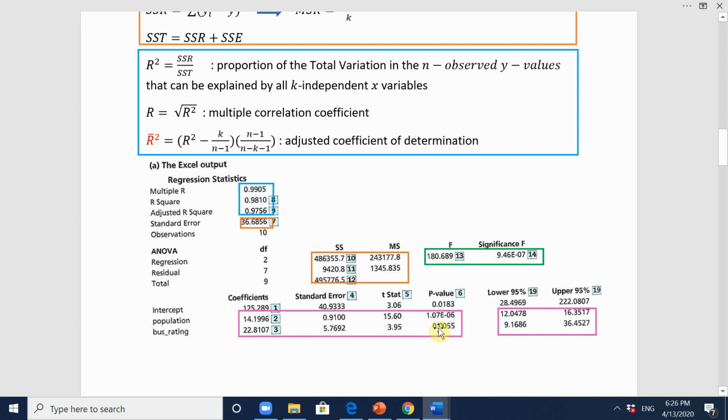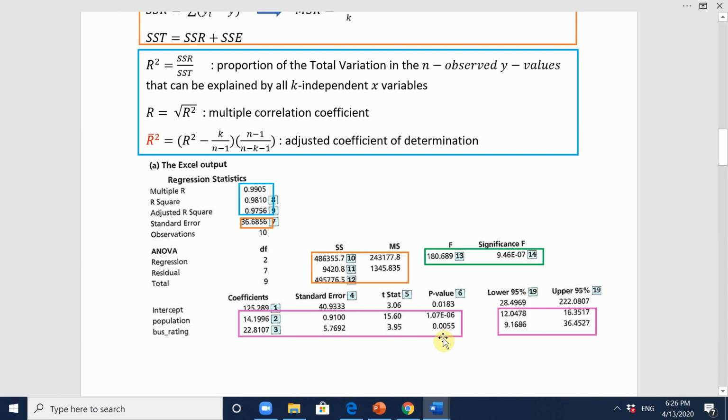So here you can see you have a more precise p-value for the variable x2, and in fact it is of this much, and this is indeed less than the level of significance of 0.05. Hence, it confirms again the conclusion that we just drew, which is to reject the null hypothesis.